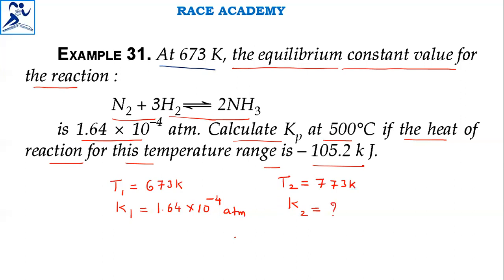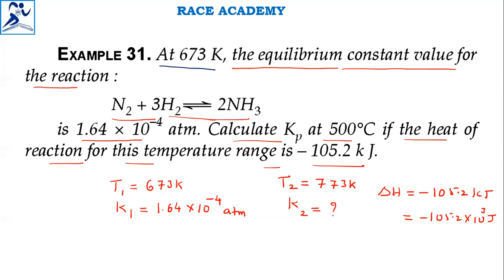At that temperature we don't know the equilibrium constant, so we will consider K2 as the question mark. Moreover, they have given the heat of the reaction, the delta H value, which is minus 105.2 kilojoules. This can also be written as minus 105.2 into 10 cube joules.